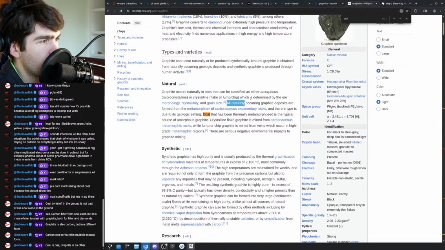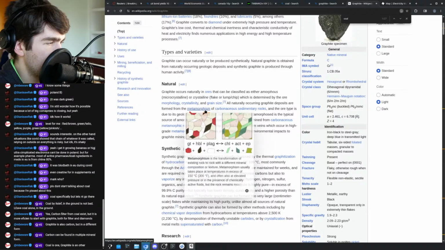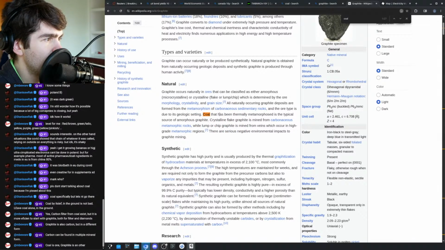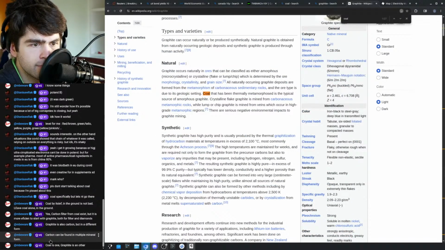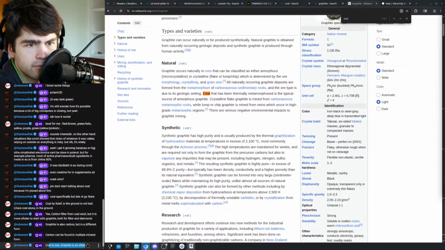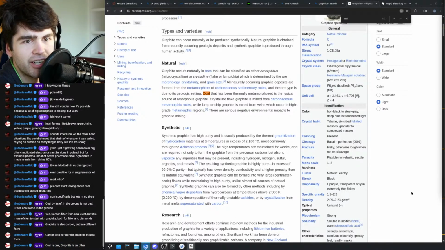All naturally occurring graphite deposits are formed from metamorphism of carbonaceous sedimentary rock, and the ore type is due to geologic setting. Coal that has been thermally metamorphosed is a typical source of amorphous graphite. Okay, so it's a different thing. It comes from the same thing, but it's been treated somewhat. Got it.